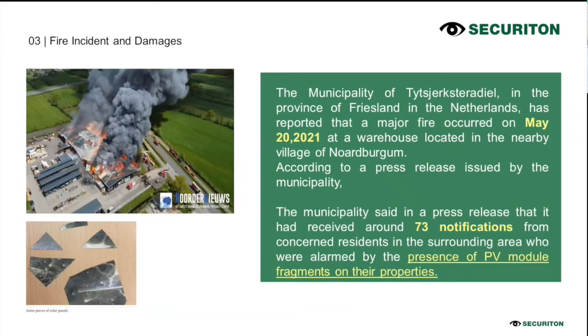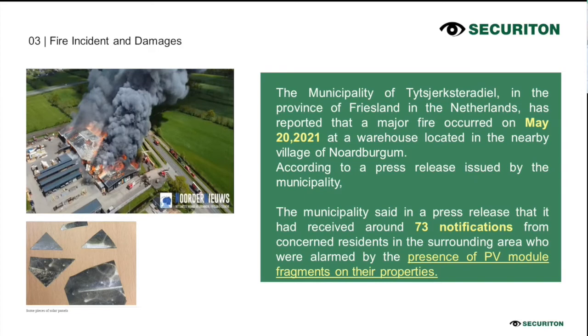And I would like to share one of the recent incidents which happened this year itself in the Netherlands, whereby this fire incident happened in a small town, yet the catastrophic impact was quite huge. You see, it happened recently in May 2021.